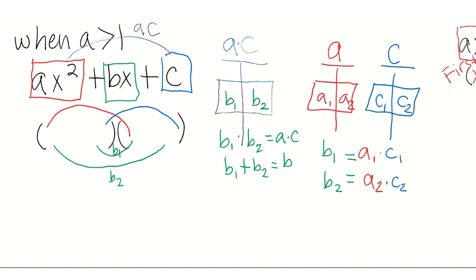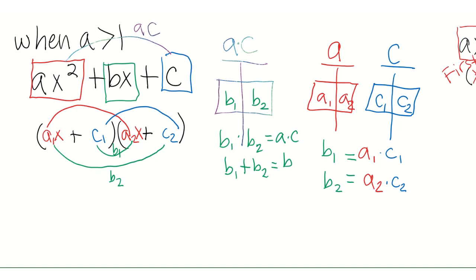So, using just the letters, this might sound a little confusing. So what that's going to give me is A1x, A2x, plus my C1 and my C2.